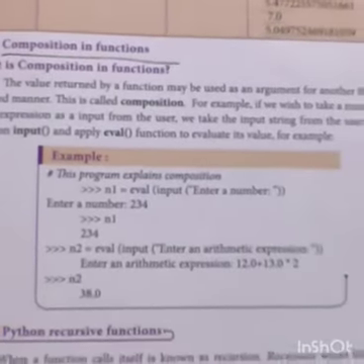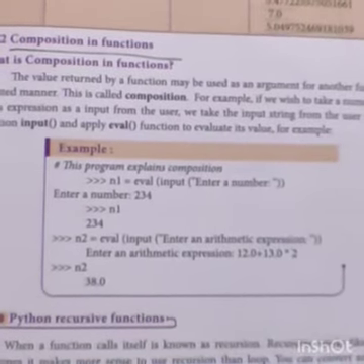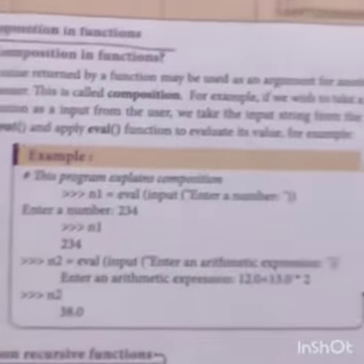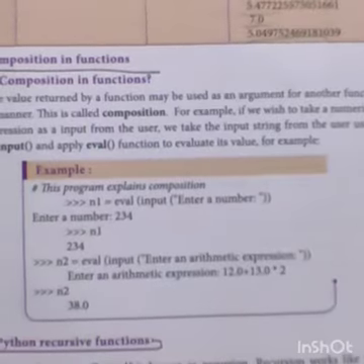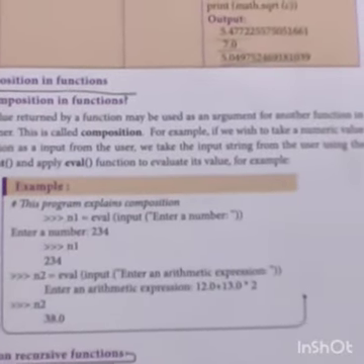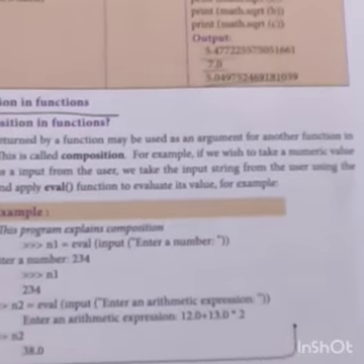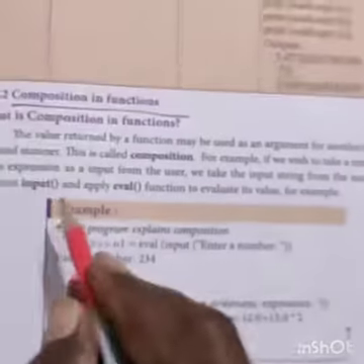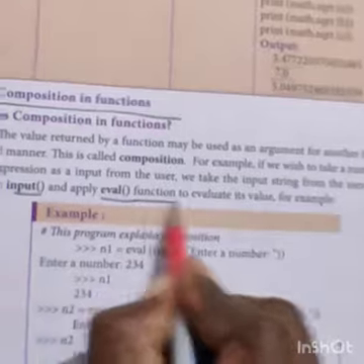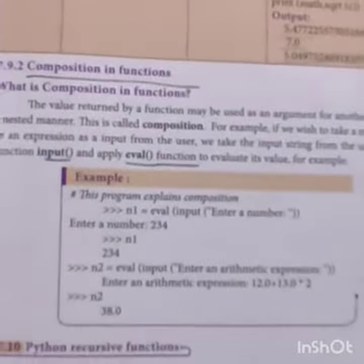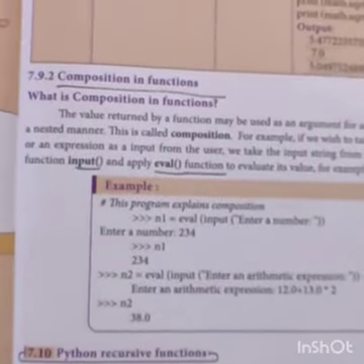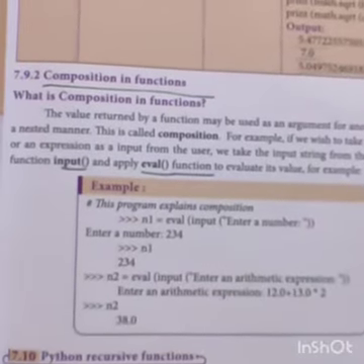That is a composition function. It uses the inner values, and the composition function is the output applied as input to the outer function. Okay, that's over, so this chapter is over.